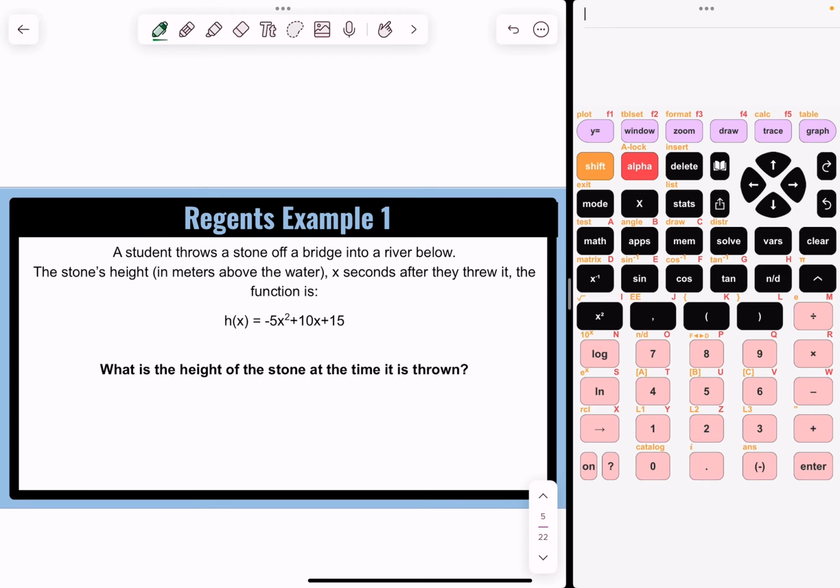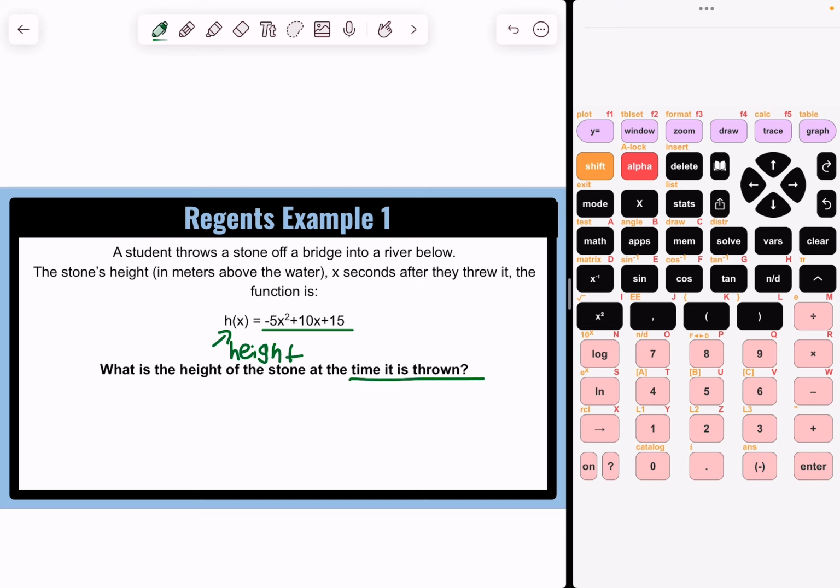A student throws a stone off a bridge into the river below. The stone's height in meters above the water, x seconds after they threw it, is modeled by the function below. And this is the function. So this is the height of the stone, and each of those x's are the seconds. The question reads, what is the height of the stone at the time it is thrown?